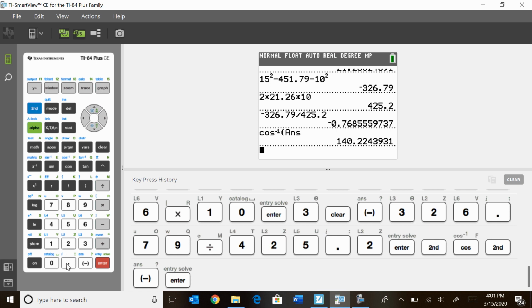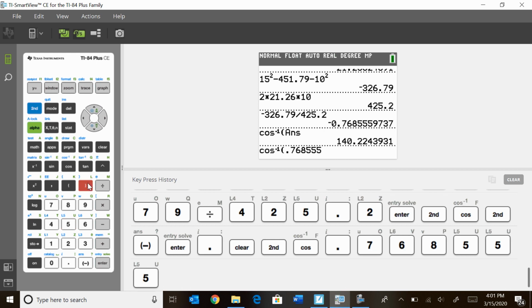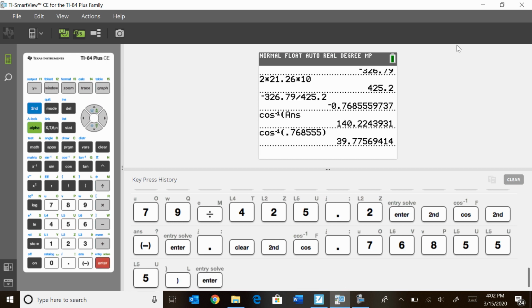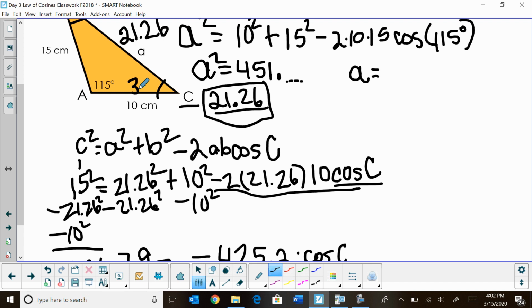So if I do that, I'm going to take the inverse cosine of positive 0.768. That's plenty of decimals. And let's get the right answer. That's 39.8. That sounds much more realistic, because I knew it had to be less than 115. That's how I knew I was wrong.